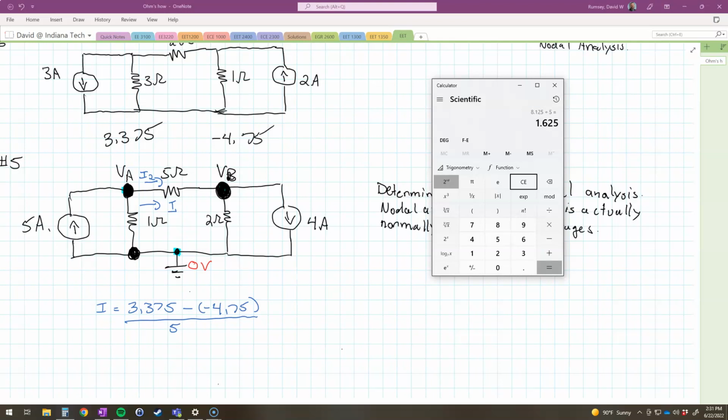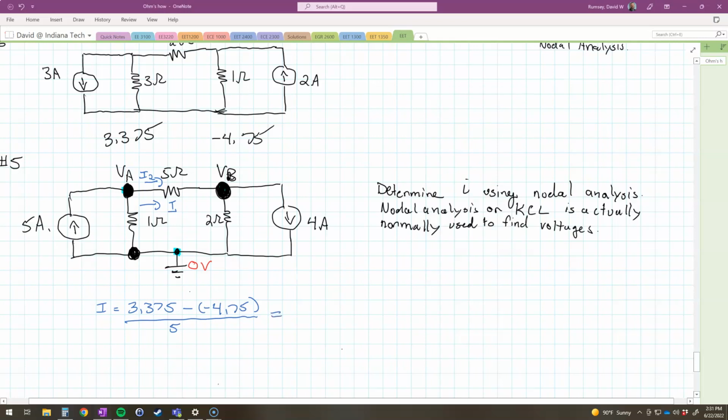And we would get 1.625 amps. So I'm going to write that off to the side here. And now, after going through all of that technique for nodal analysis, and I know this is a longer video, but that's okay.